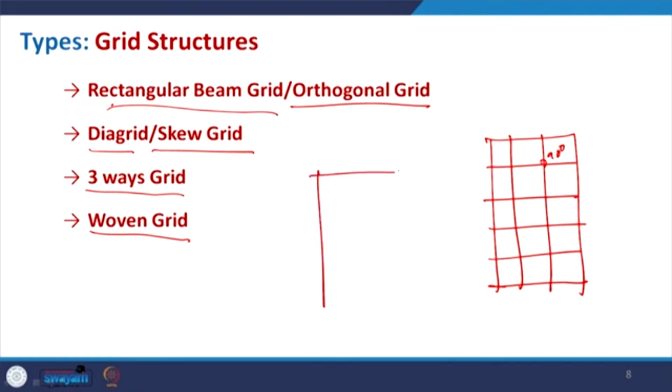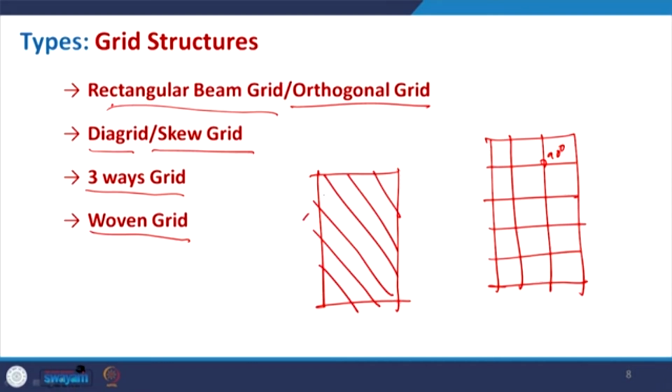Diagrid is where the members are basically not parallel to the end support. So, it will have some diagonal or angular members. So, this is basically your diagrid or skew grid, and it may vary uniformly, or sometimes an irregular grid may form.